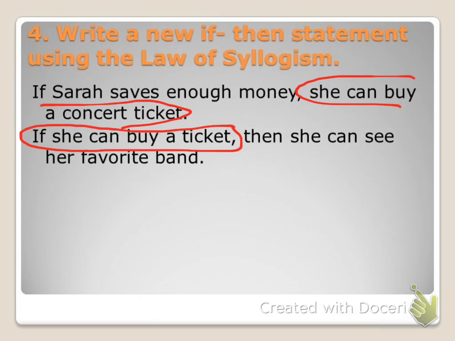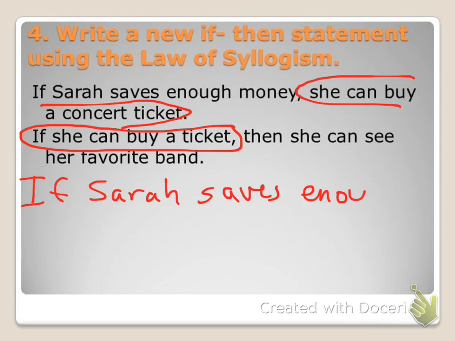So I'm going to start at the very beginning. If Sarah, this is the part I want you to write, saves enough money, what's going to happen in the end? Cut out the middleman. What's going to happen? If she saves enough money, what's the whole point? Then she can see her favorite band. We don't even need to know that she bought a ticket. It's just kind of assumed. If she's at the concert, she bought a ticket, right?